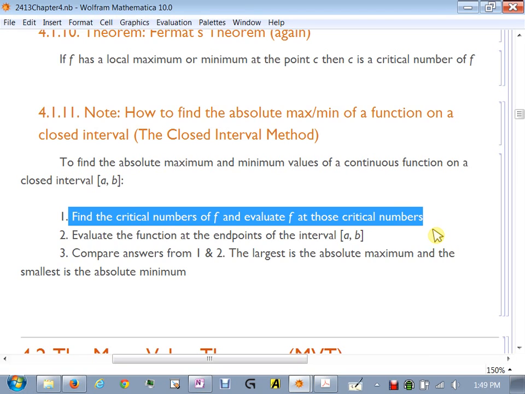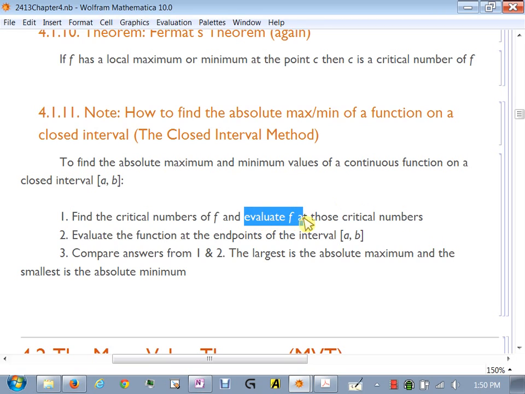Take the derivative, set it equal to 0. Take the derivative, figure out where it doesn't exist. Once you've done that and figured out where that happens, you want to evaluate your original function at those critical numbers. You plug those answers into the original function. So you take the derivative, solve that, take those answers, and plug them back into the original function.